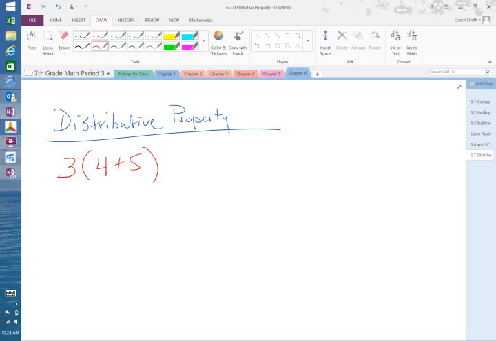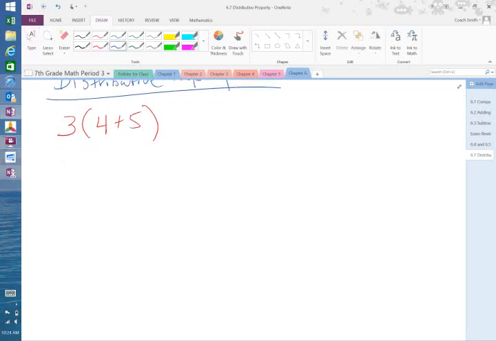Okay? The distributive property is a property that basically gives us the right to switch it up a little bit. Because what the distributive property says is this. The distributive property says that this problem is the same as this problem. Because when we have a constant, a number next to parentheses, what does it mean that we're supposed to do?